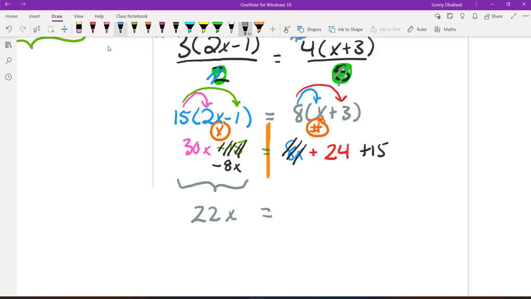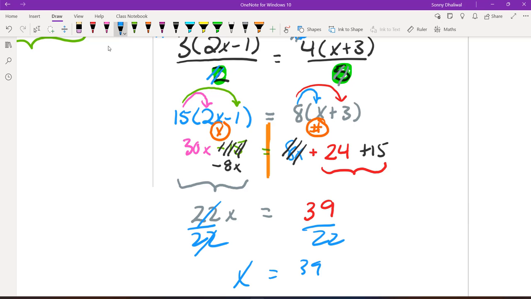On the other side, we have 24 plus 15, which would be 39. Okay. Now, we just need to get rid of that 22. How do you get rid of that 22? Divide. Divide 22. Answer is x is equal to 39 over 22.